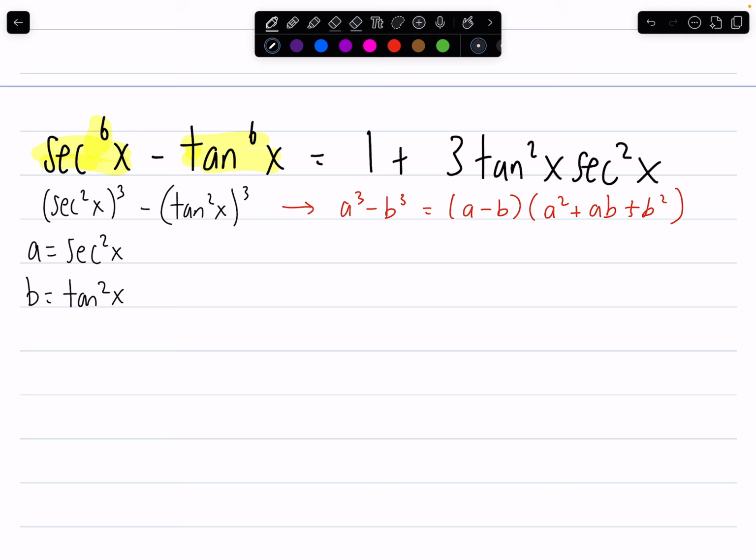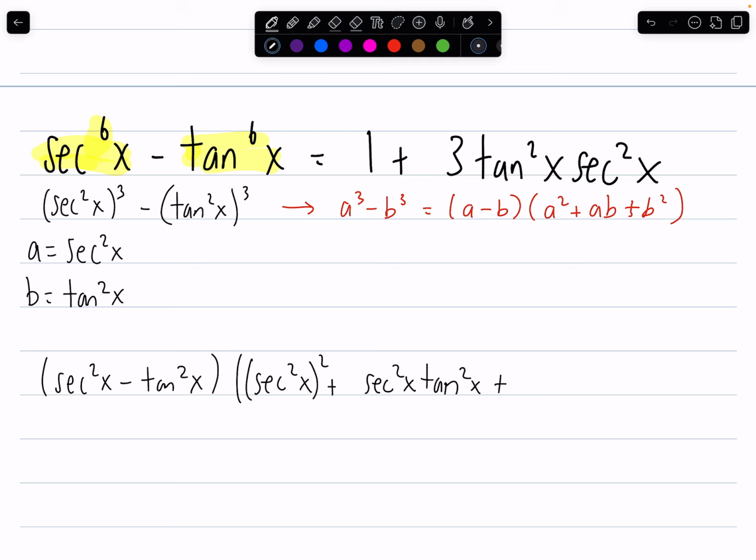Okay? So let's look at this. We have secant squared x minus tan squared x times secant squared x squared plus secant squared x tan squared x plus tan squared x squared.